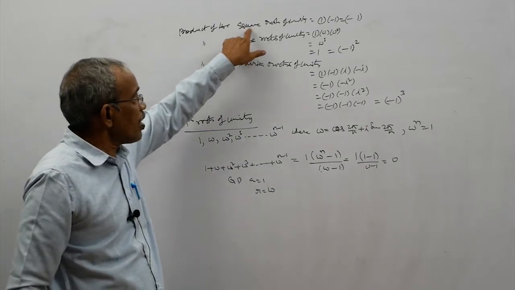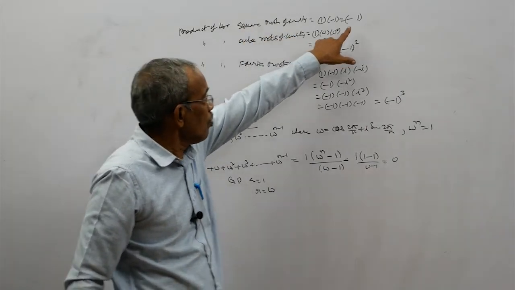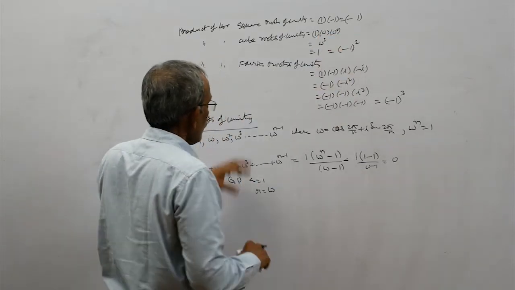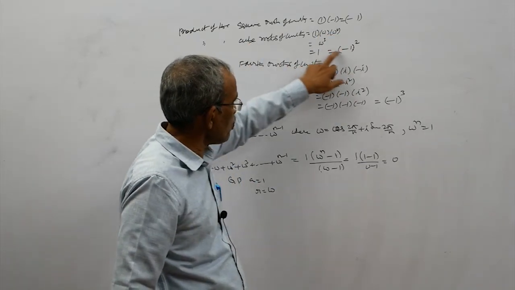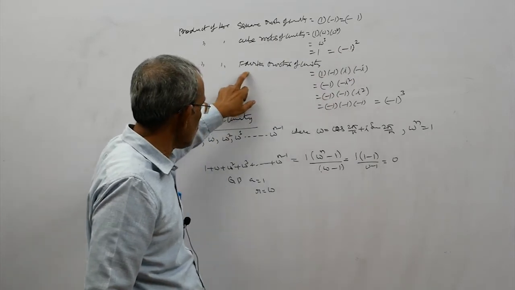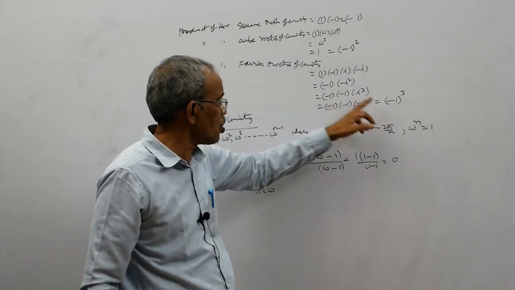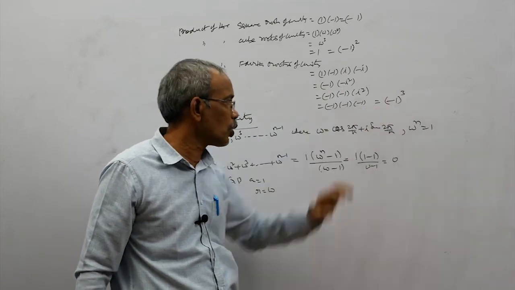The product of the square roots of unity is minus 1. The product of the cube roots of unity is minus 1 whole square. The product of the fourth roots of unity is equal to minus 1 whole cube.